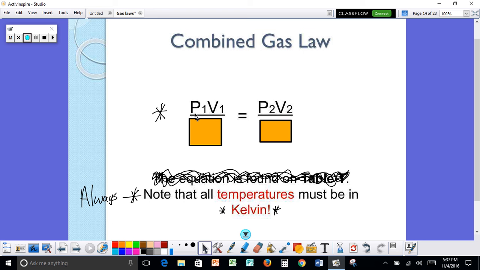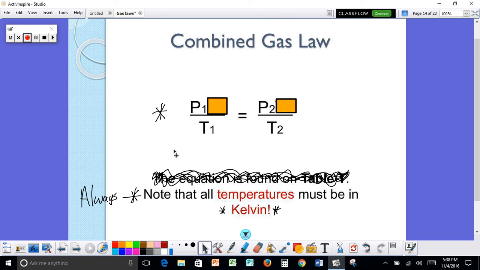So we should see that we have P1 times V1 equals P2 times V2, which in Boyle's is initial pressure times initial volume is equal to new pressure times new volume. Alright, so let's manipulate the equation. Let's manipulate it again a little bit. And let's say that we are holding volume constant now.